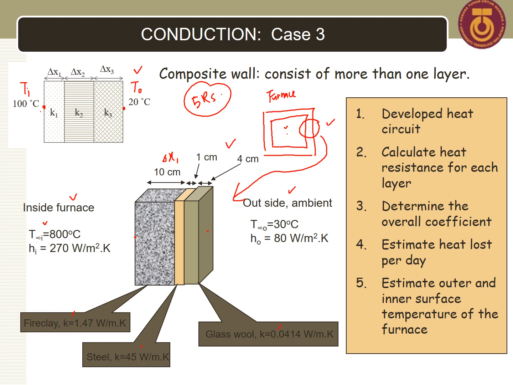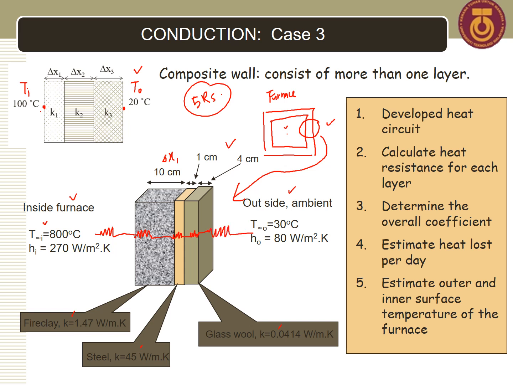The resistance actually comes from the air. So there is one resistance here, then after this the first layer's resistance, then the second layer's resistance, then the third layer's resistance. Then from the wall to the outside ambient air, there is another resistance.